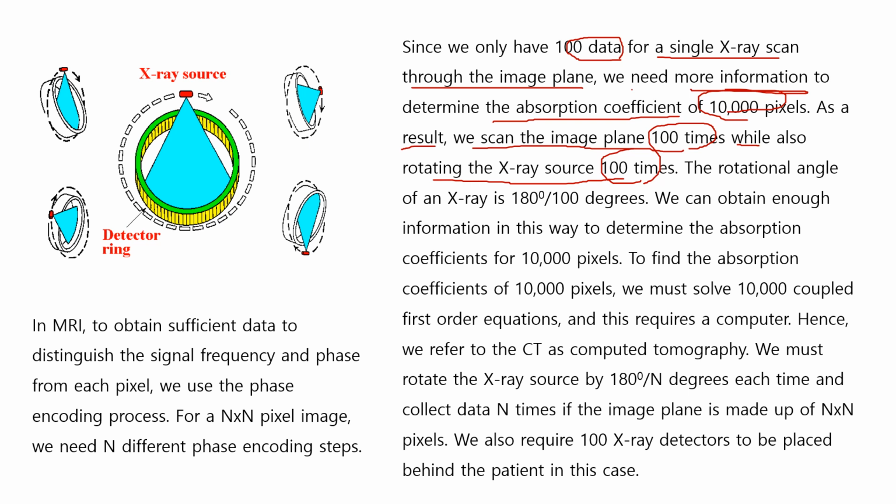For each X-ray scan, we can have 100 data. So if we do the X-ray scan 100 times, then that means we have 10,000 data. So we can figure out absorption coefficients of 10,000 pixels, right?